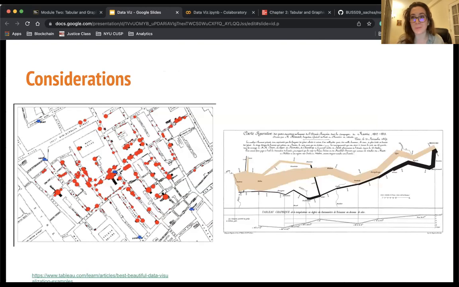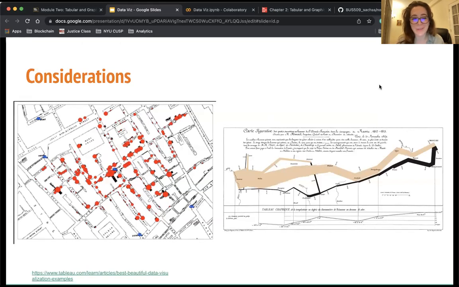I just wanted to show you some really beautiful graphs too, as we finish this up, thinking about some of the best data visualizations. For most data science courses, you might think about what is the first use of data viz, and they usually talk about John Snow and the cholera outbreak, where he mapped where the water sources were compared to where there were outbreaks of cholera.